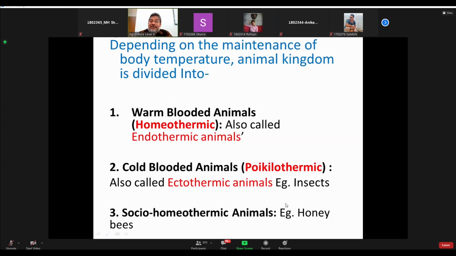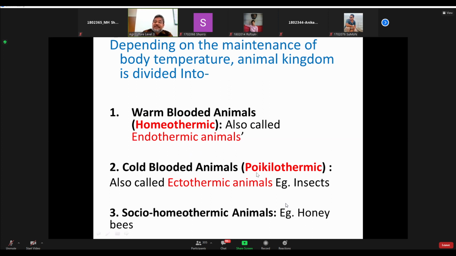So it cannot maintain its body temperature. Its body temperature is directly proportional to the environmental temperature. Our metabolic activities remain more or less the same if we are taken to different environmental temperature conditions. That is why we are endothermic, homeothermic, or warm-blooded animals.